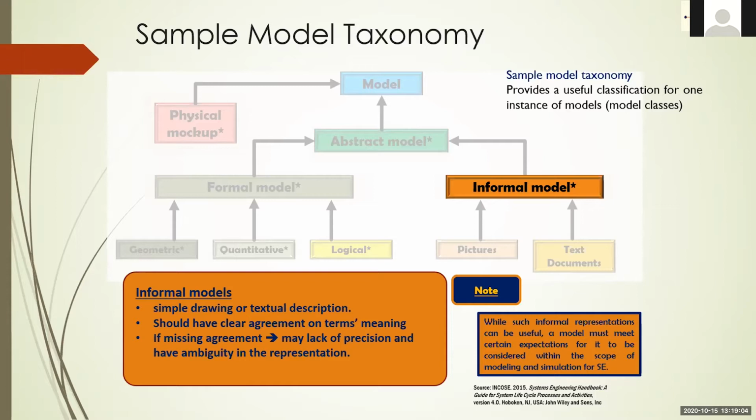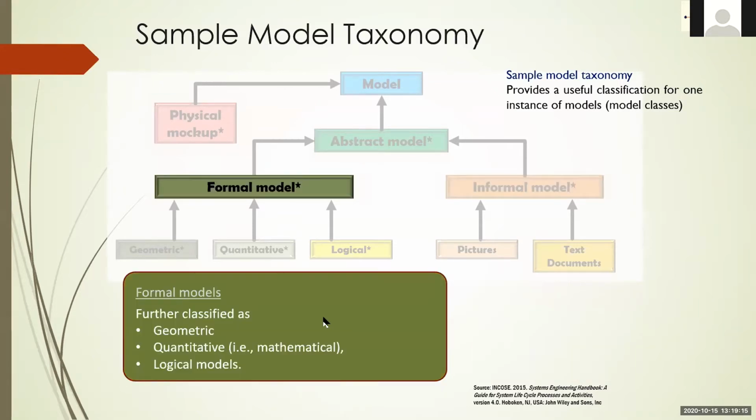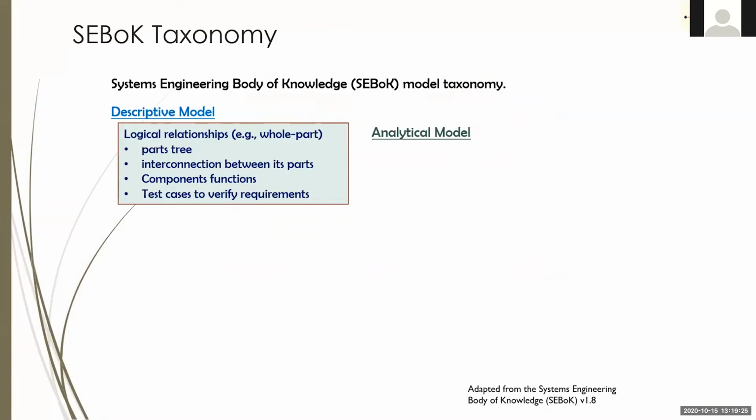That may happen because we are not being clear on the semantics and the syntax of the elements that we use in our sketches. So we are better off if we move into a formal model, yeah? Examples of formal models can be geometric, quantitative, and logical models.